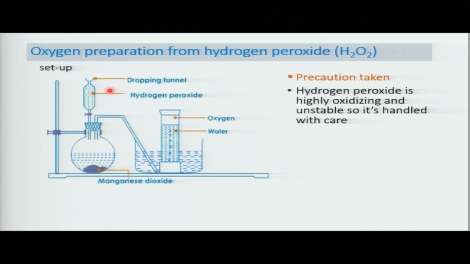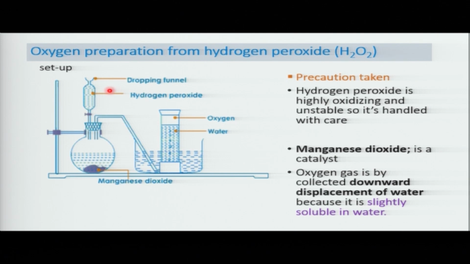It is very oxidizing, so you need to handle it with care. If you pour it on someone's body, the skin will be burnt, so you have to use it with care. That's the first precaution. The second aspect is, in this case, manganese dioxide is a catalyst. It makes the reaction become faster. Then, when you mix these two, hydrogen peroxide and manganese dioxide, the gas will be produced.